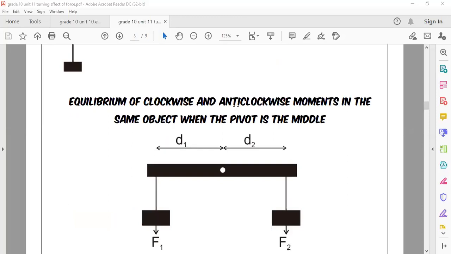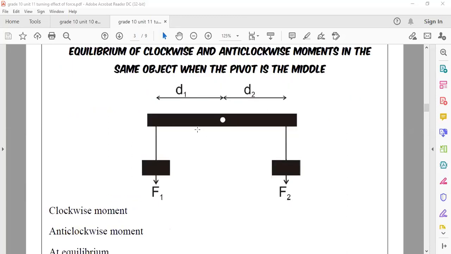Now, I have given this setup to you. Here, where is the pivot? The center. It is here, the pivot. What is the line you are drawing through the pivot? Rotational axis.